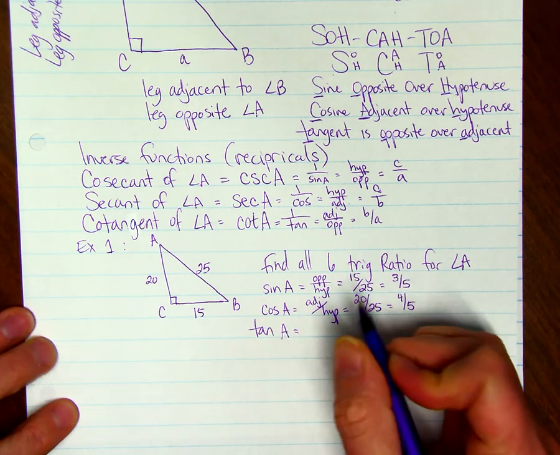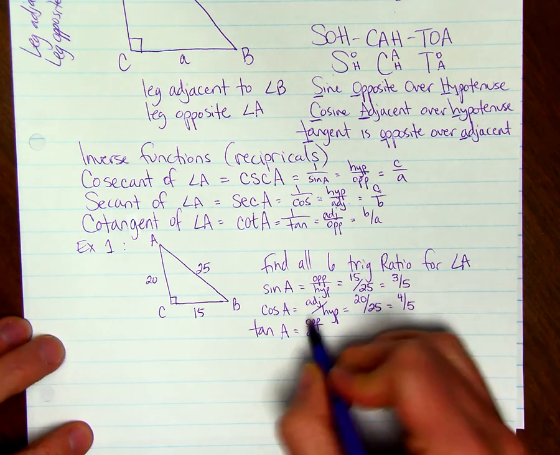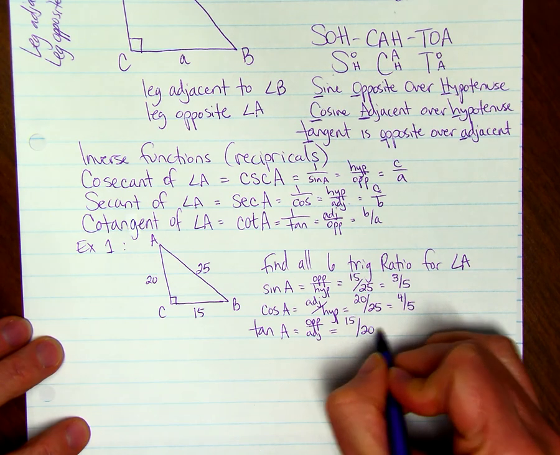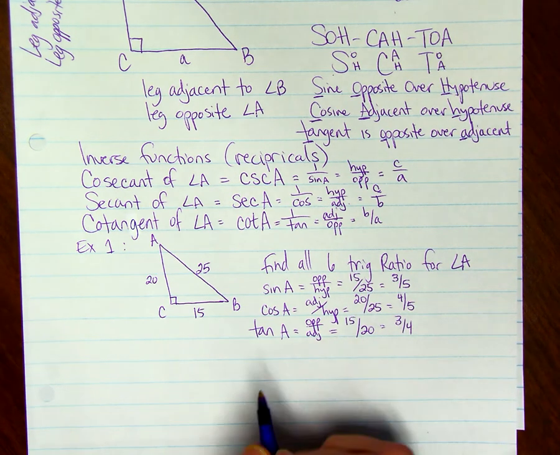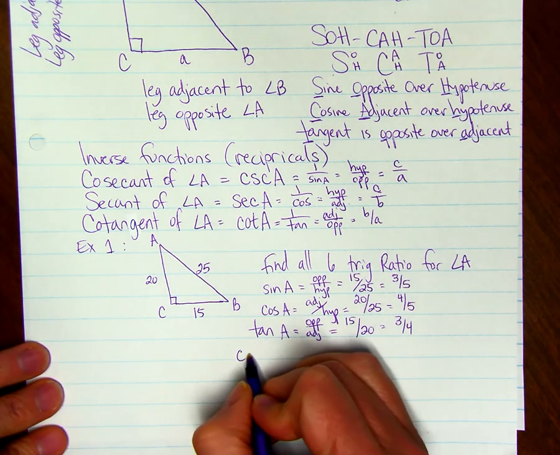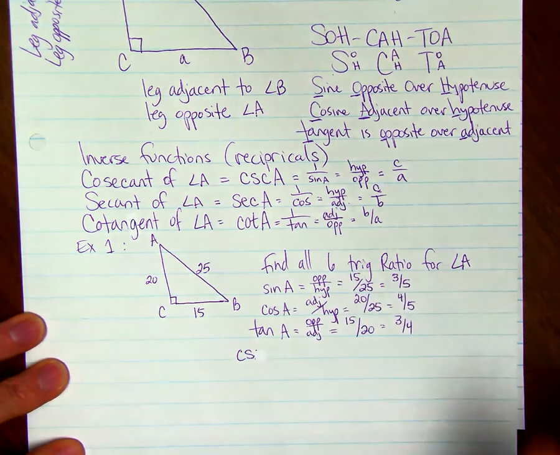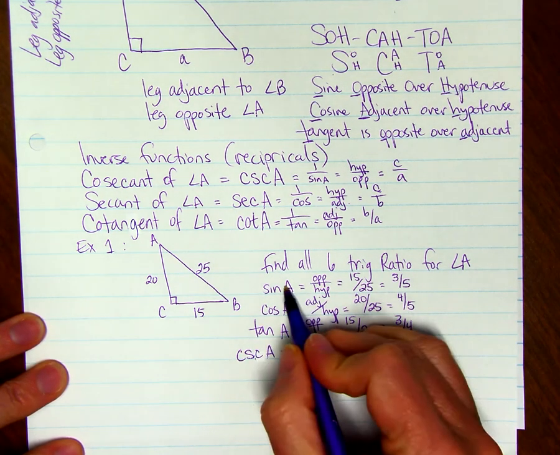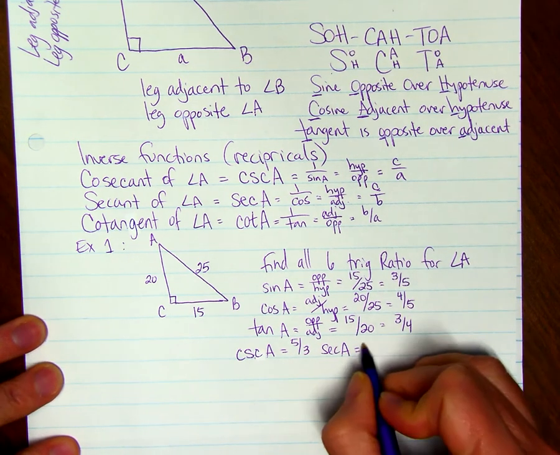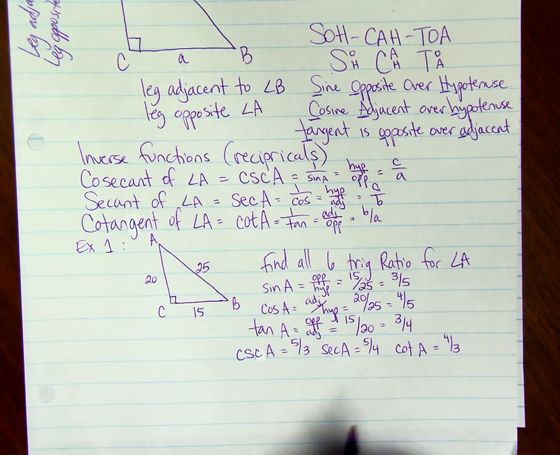Then the tangent of A is opposite over adjacent, SOH CAH TOA, so 15 over 20, or 3/4. And then we just do the reciprocals. The cosecant, the inverse of sine, is 5/3. The secant of angle A is 5/4, and the cotangent of angle A is 4/3.